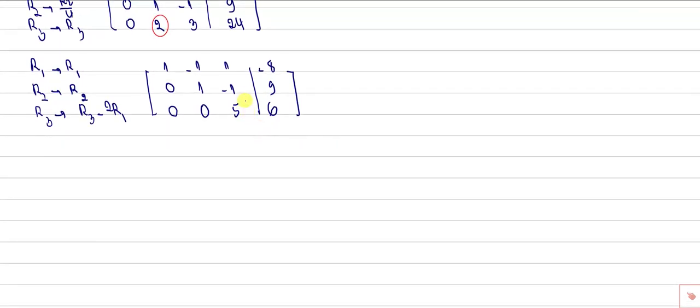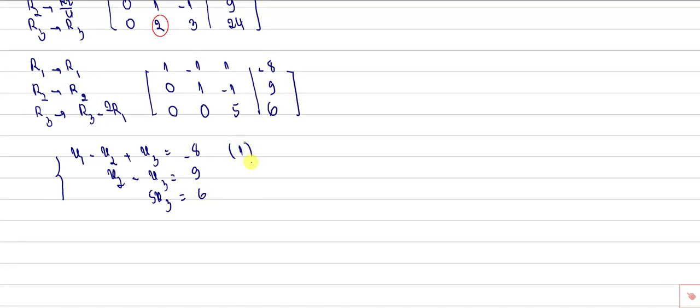We should convert from the arrangement matrix to the system of linear equations. We got x1 minus x2 plus x3 equal to minus 8, and x2 minus x3 equal to 9, and 5x3 equal to 6.